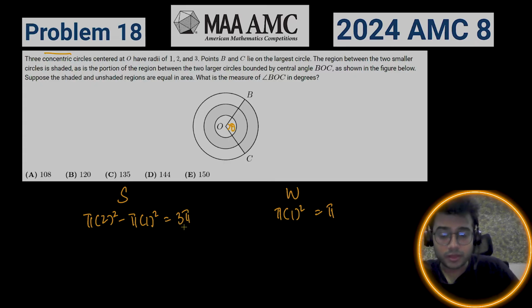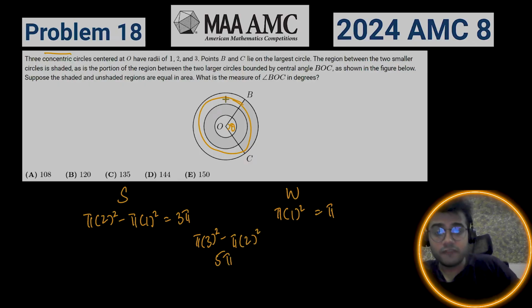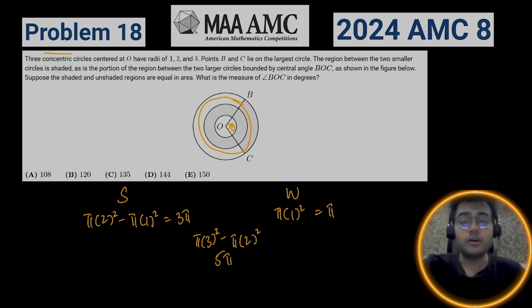That's 3 pi. Now we have this left that we need to figure out. What is that area? That's the biggest circle, pi 3 squared, minus the second largest, pi 2 squared, which is 9 pi minus 4 pi. That's 5 pi. 5 pi is this whole circle, but a part of it is shaded and a part of it is white.